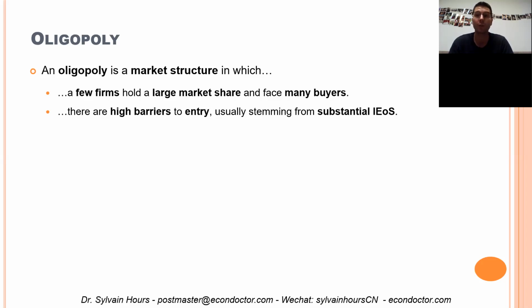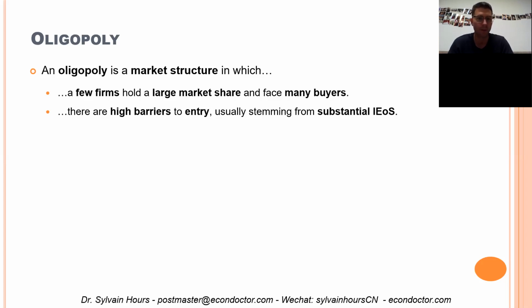They can produce at a low average cost, which gives them a competitive advantage over new firms who would try to break down the barriers to entry and enter the market. So this is usually why there are only a few firms. It is complicated for new businesses to enter and compete with the existing firms.